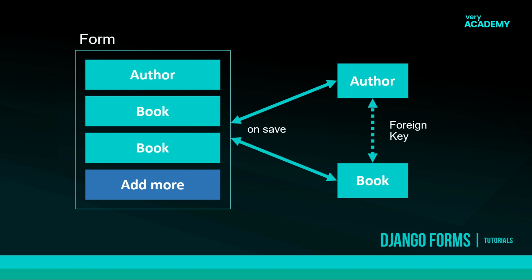So before we start, this is what we're going to build up towards. We're going to try and build a form that's going to allow us to access all the books about a particular author. And within this form, it's going to show us all of the books that are associated to that author. We're going to be able to edit those books in place, and that will mean we can either edit the text or delete them.